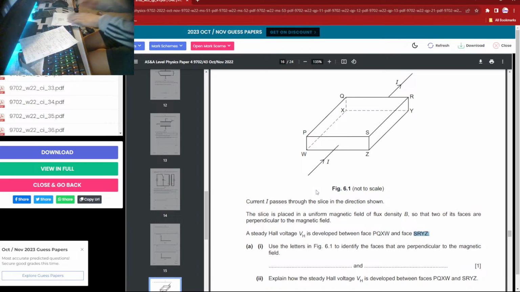Explain how a steady Hall voltage is developed between the faces PQXW and SRYZ. Okay, for this one, as your current is perpendicular to the magnetic field, there's a force produced, and it is exerted pushing electrons to faces PQXW and SRYZ.